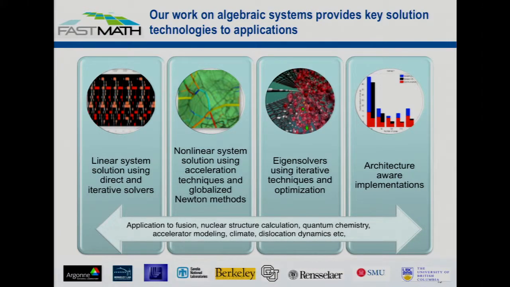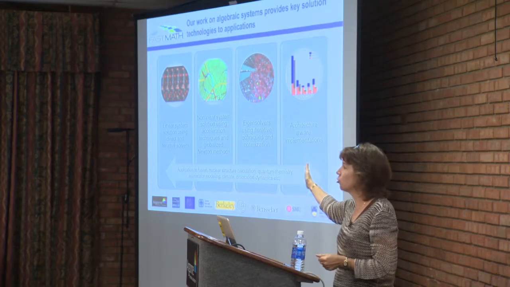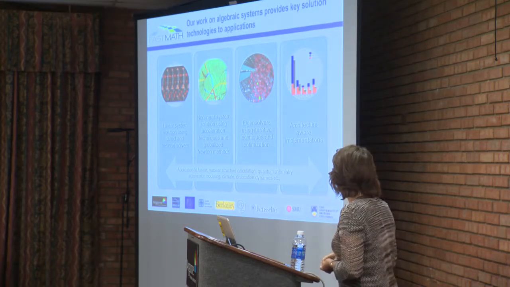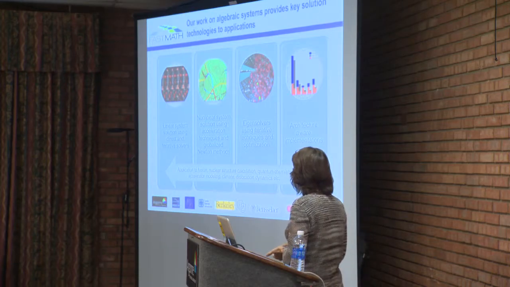For linear system solution, as I mentioned earlier, we're doing a lot of work with what do we need to do to make sure that iterative solution techniques or algebraic multigrid techniques are going to be efficient on next generation computers. So a lot of our work in the linear system solution is really focused on next gen architectures and what that needs to look like.